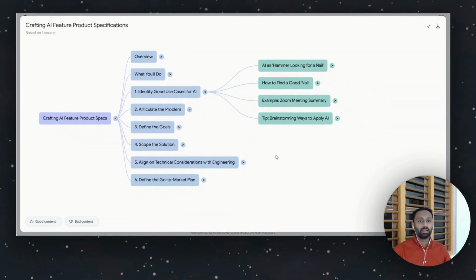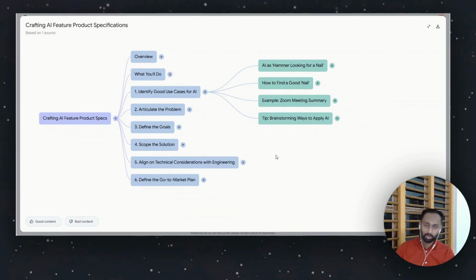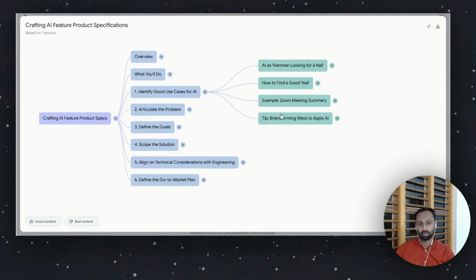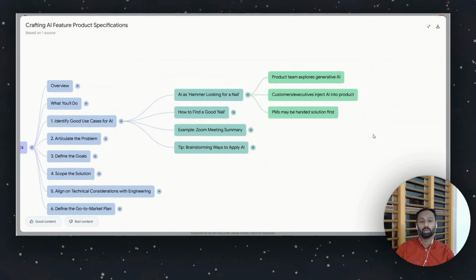As I said earlier, you are not building the feature for the sake of building the feature. You're building the feature because you want to solve a problem that the user faces, which is why AI as a hammer looking for a nail should not be your approach.